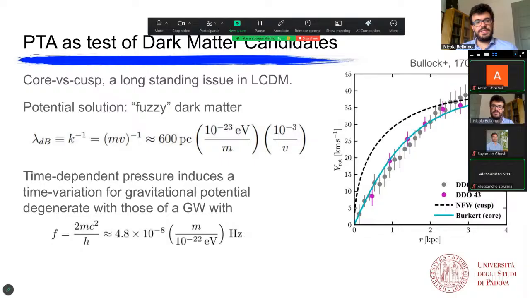One of them is the generation of a time-dependent pressure that provokes a time change in the gravitational potential of our structure. And these time changes are compatible with those of gravitational waves in the nanohertz range if the mass of the particle is of 10 to the minus 22, 23 electron volts.